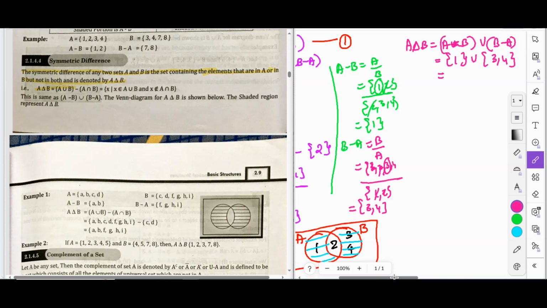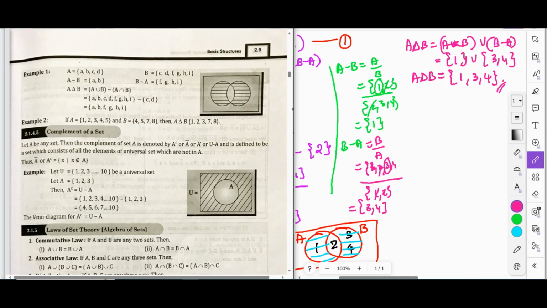You should write all together, that will be 1, 3, 4, the answer for A delta B, that is symmetric difference. You can use any one formula, whichever formula you feel is easy to solve, to get the answer for symmetric difference.